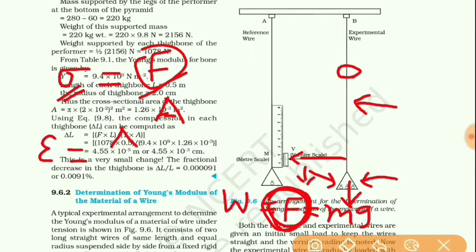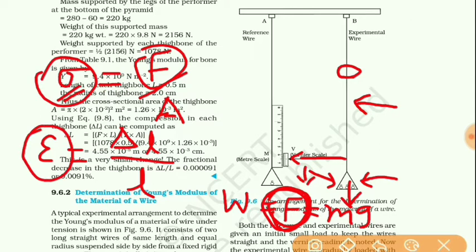Strain is change in length upon original length. So stress and strain are produced, and by noting down these observations, we can plot the graph of stress and strain.